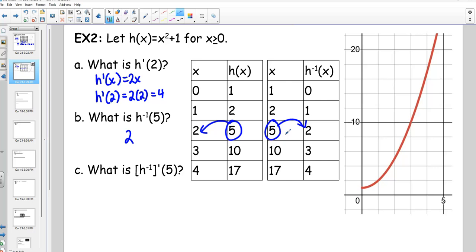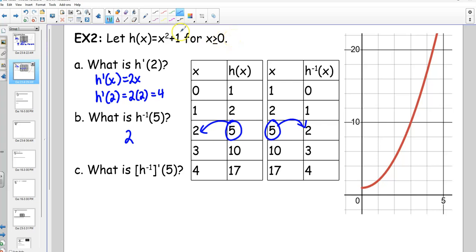In order to find that, we would first have to find h inverse prime. Now, this one's a little different because x squared plus 1 is a quadratic that looks like this. And if I do the whole thing and try to do the inverse, I won't get a function for that. So they restricted the domain for that.